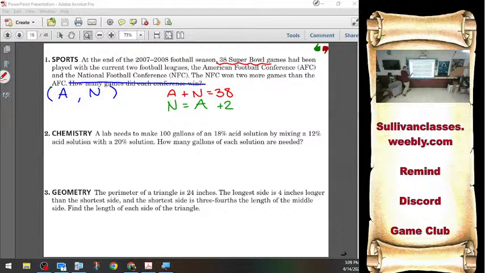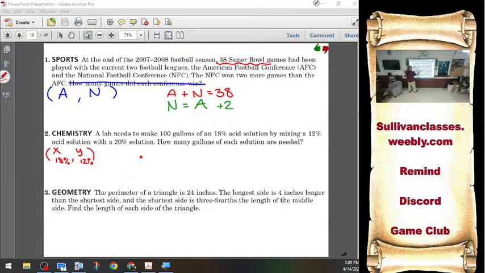So I've got 2 things. I have my 18% solution. I have my 12% solution. And the sucky part about that is it's the label, but it's also the rate. These ones are tough because it's the label and it's the rate.